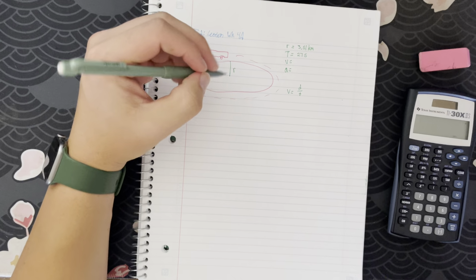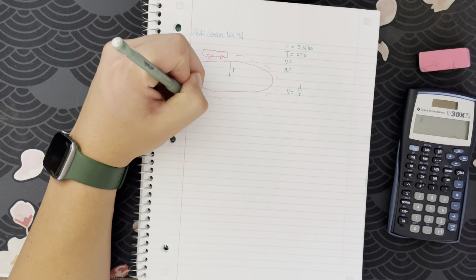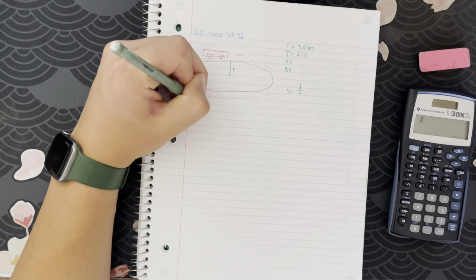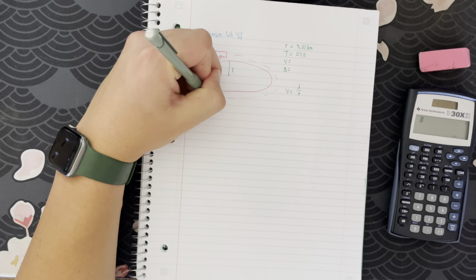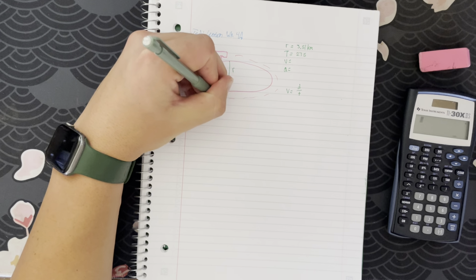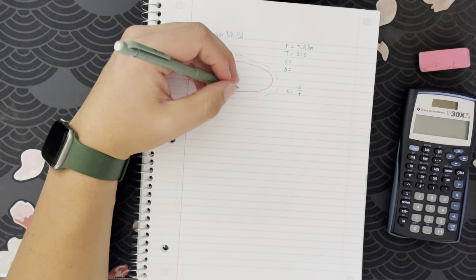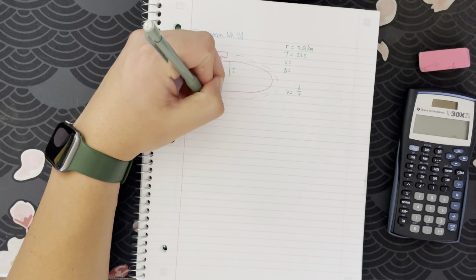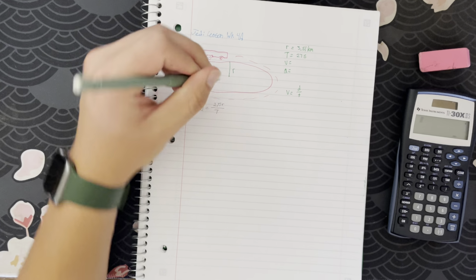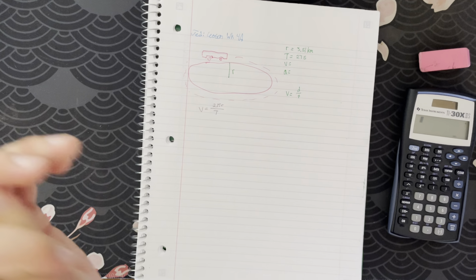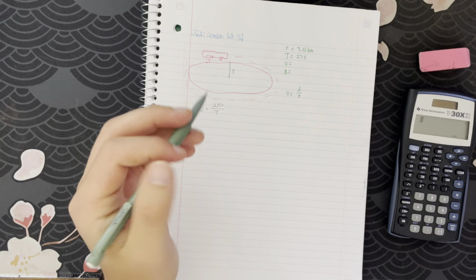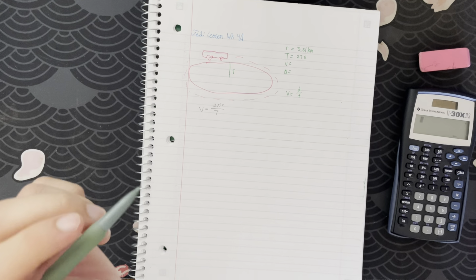We're going to do that in pencil now. So to get our velocity, our distance is 2 pi r squared. Nope, just 2 pi r, and then for our time, we're going to divide by the time that we are given.